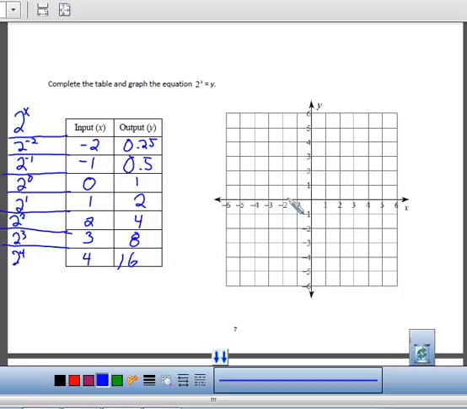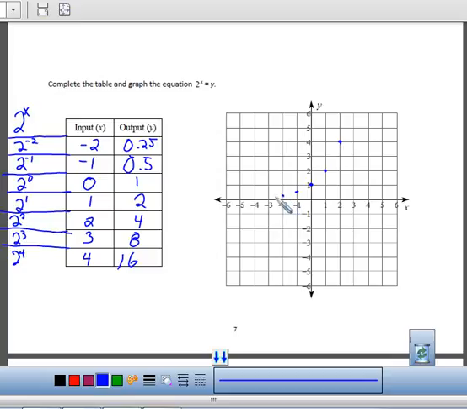So let's start with the ones that will fit. So -2 and then 0.25. So I'm going to go halfway, about in the middle, so halfway in between there and the bottom is there. And then -1, 0.5, well, that's about halfway. 0, 1, that's right there. 1, 2, that's there. 2, 4, and that's all I can fit.